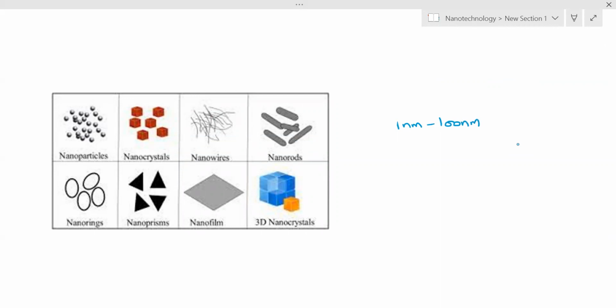When we take a solid, we have three dimensions, and there are different categories of nanomaterials. For nanoparticles and nanocrystals, in all three dimensions the size is between 1 nanometer and 100 nanometers.